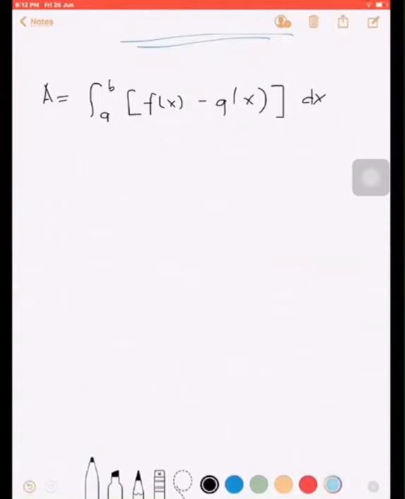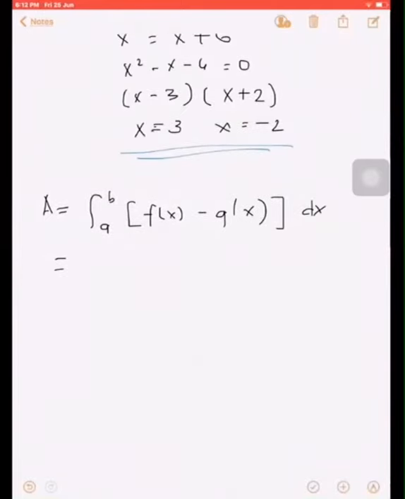Now that we know the values of f of x and g of x, we can solve the area of the bounded region. The integral from a to b, where b is greater than a, so our value of b is 3 since it's greater than -2.